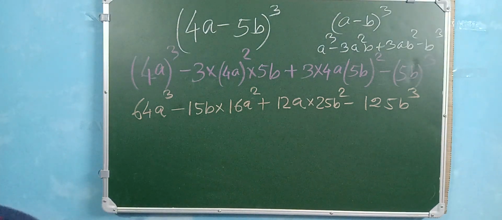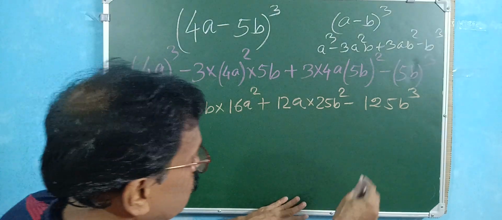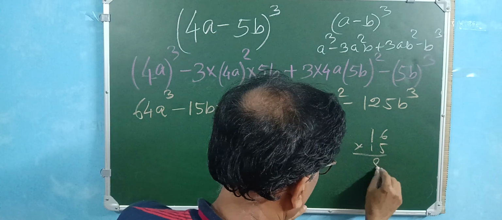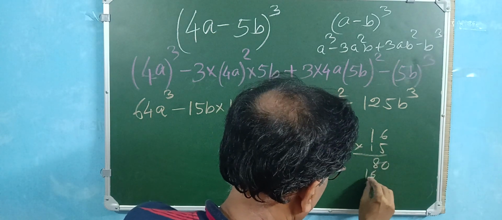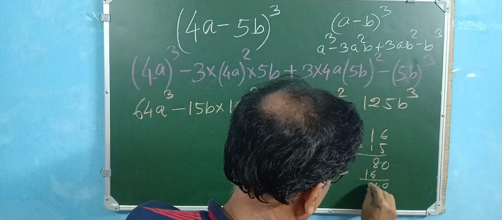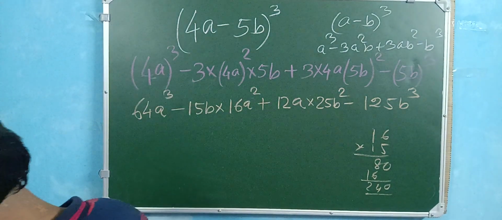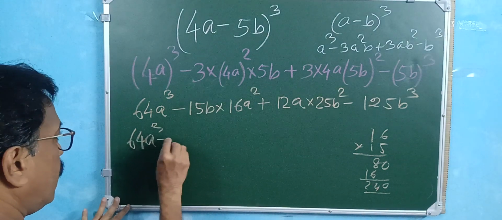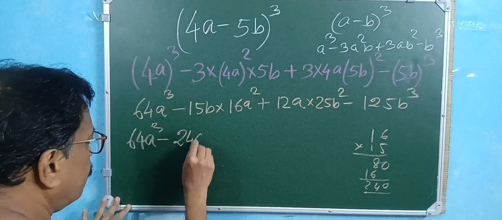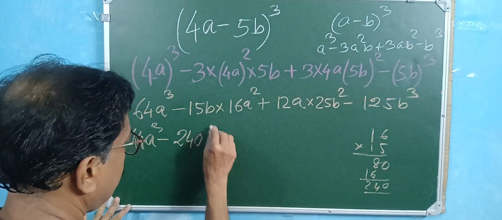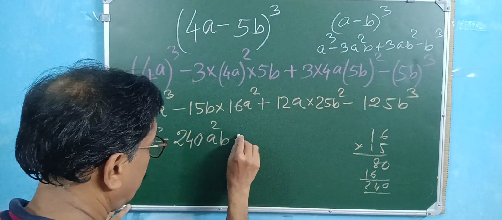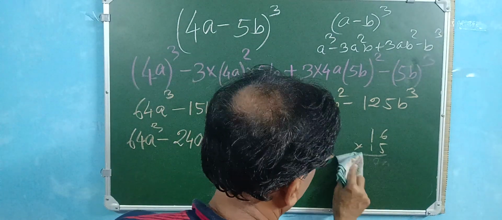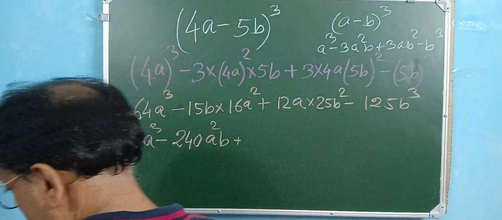Okay. Now you just multiply 15 into 16. 240. So here is 64a cube minus 240a square b plus, just multiply 25 into 12.